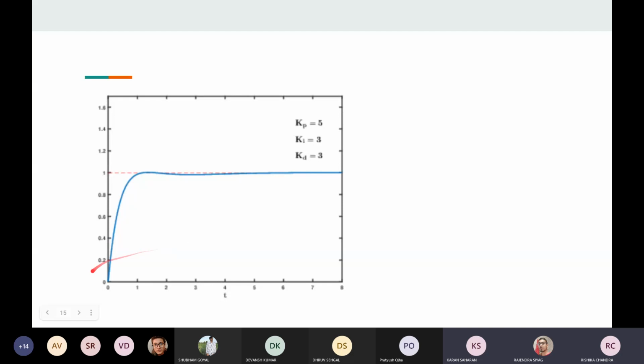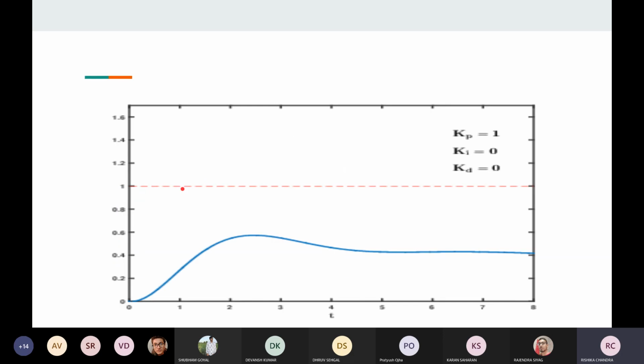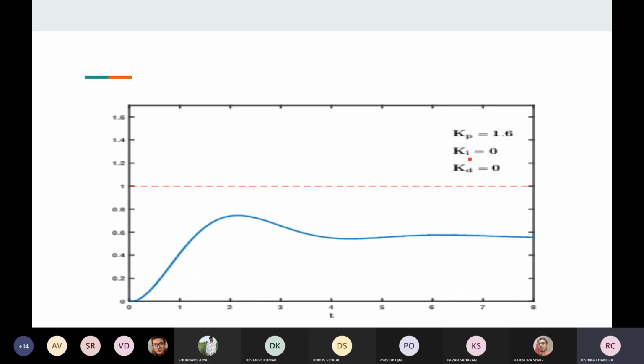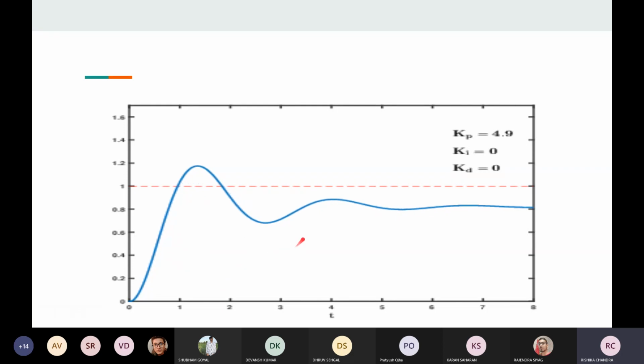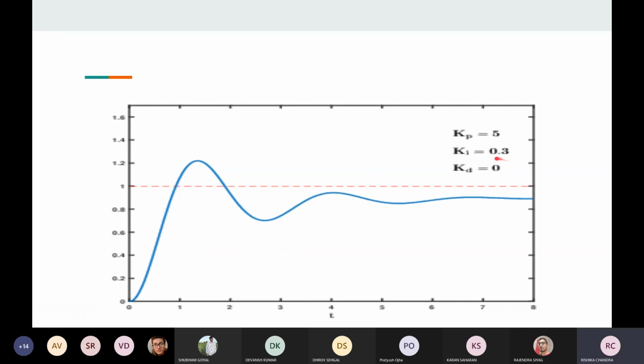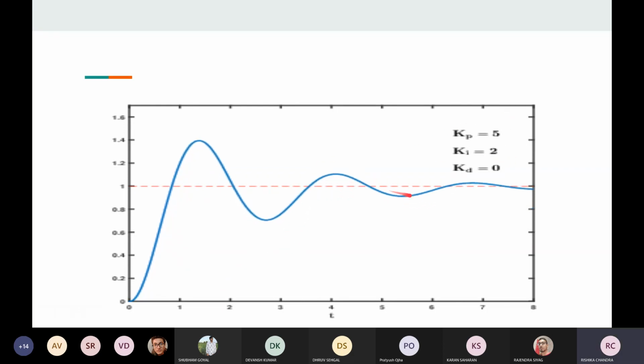Ma'am, any relation between KP, KI, and KD? No, there's no relation as such. By this graph, you can observe that as KP is increasing, it's overshooting a bit. Now KI is increasing, so it's oscillating.